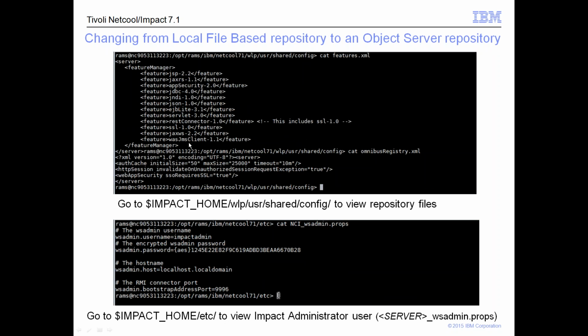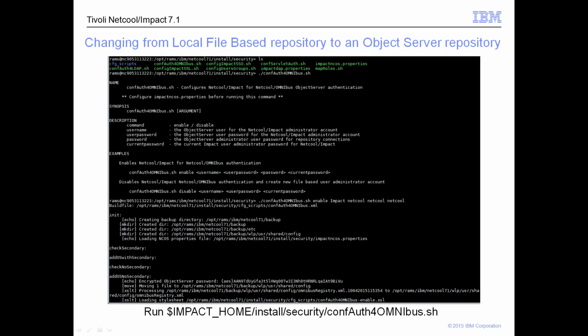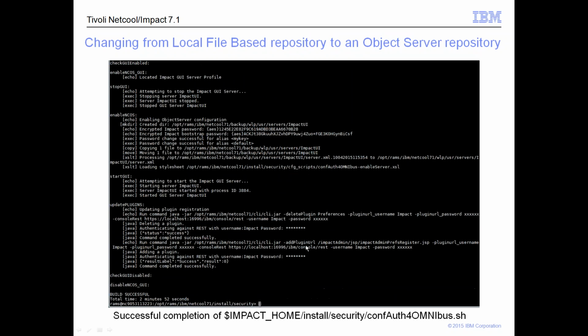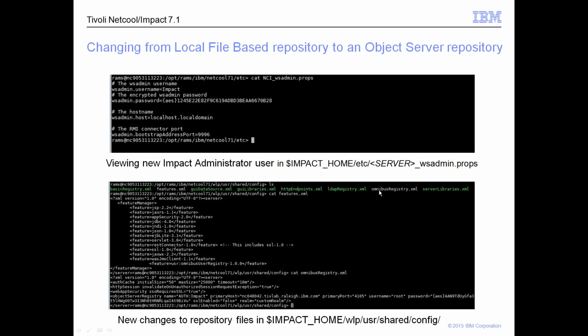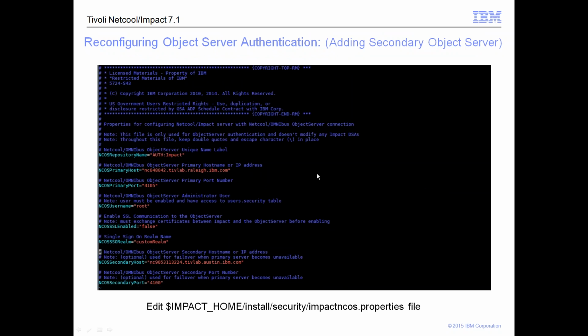Again, there's no omnibus information in the features, and no port or host information in the XML file for the omnibus registry. And you'll also, of course, see that those files will probably have a pretty recent date or timestamp, and they've been touched.